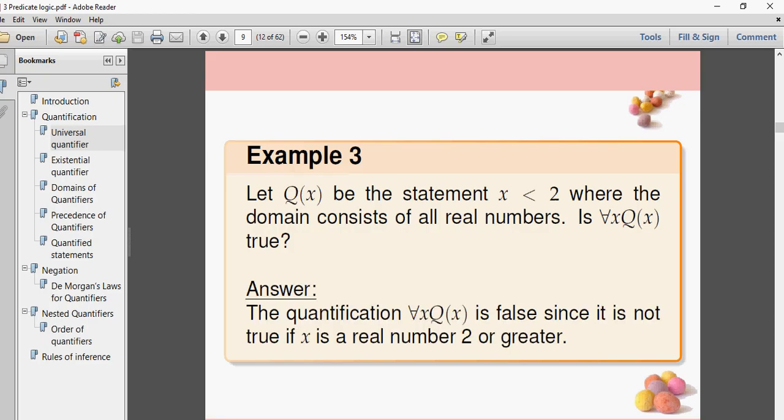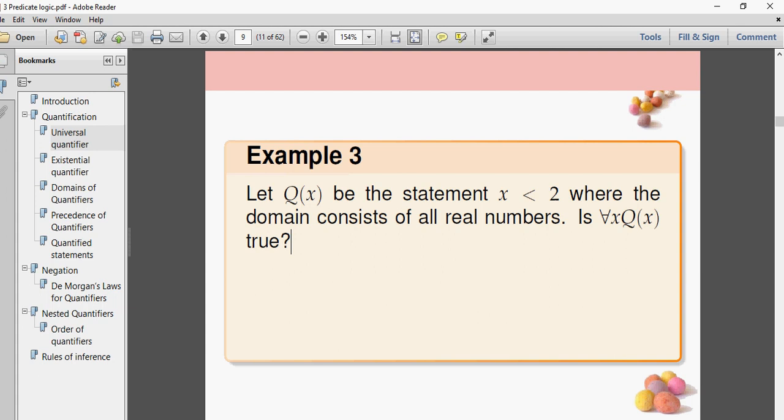The quantification for each x, Q(x) is false since it is not true if x is a real number 2 or greater. As an example, if I say x is 5, the statement is not correct. That means the condition is not correct, so it's false.